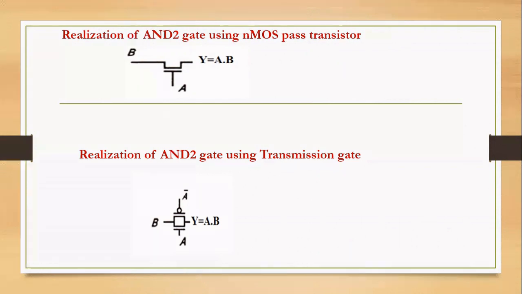A single NMOS pass transistor can be used as an AND gate. So you can apply A input to the gate of NMOS and B to the pass input. When we take the product of B and A, we'll get AB.